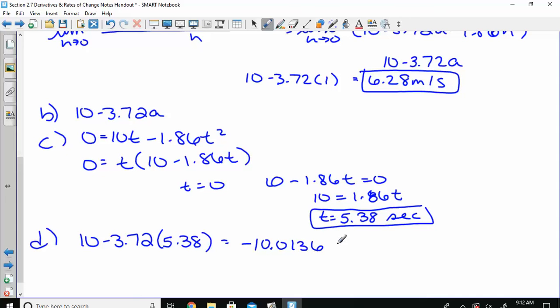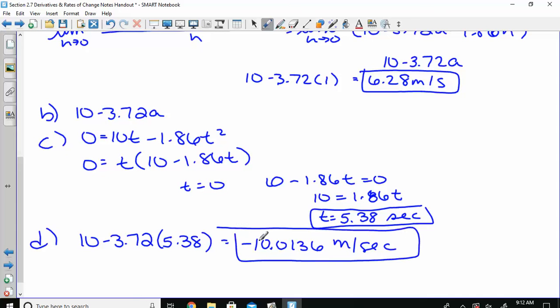And I get a negative 10.0136. Why would it be a negative? It's going down. Any questions there?